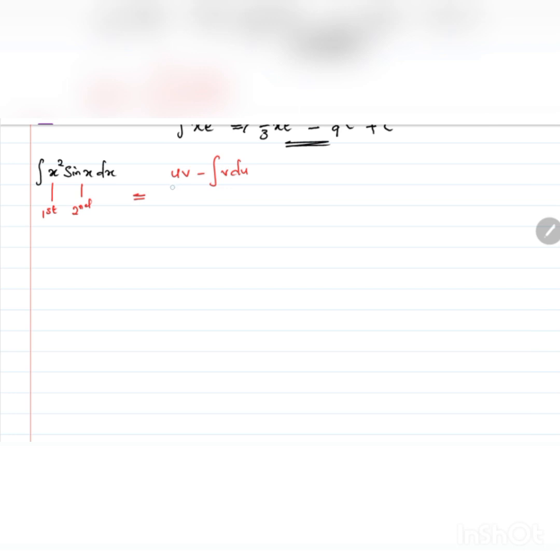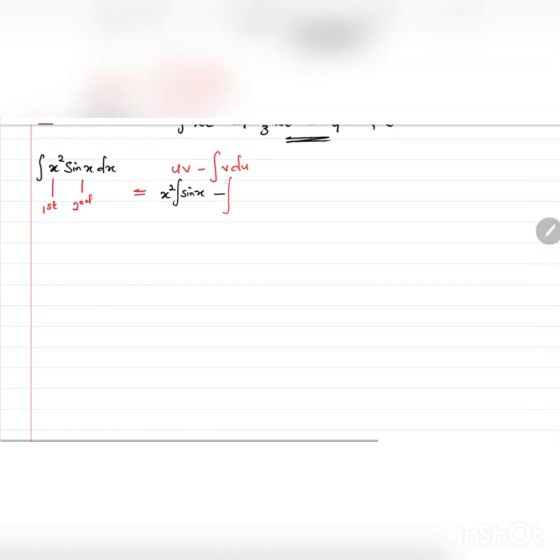Now write the first one, that's x squared. Integrate the second one, integrate sine x. Minus the integral of v. What is v? V means I'm integrating the second one, and the second one is sine x.